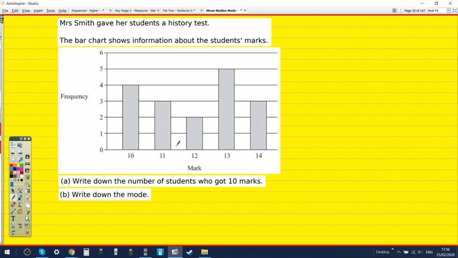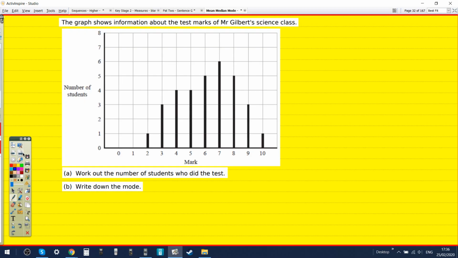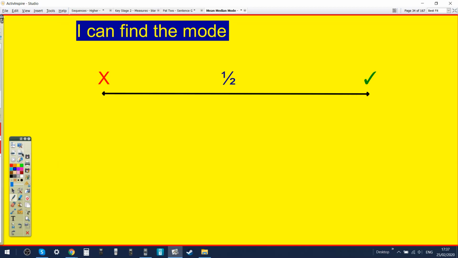Yes, so the mode is 13 marks. That's great. How about this one? Seven. And so it is 7 marks. Well done. I can find the mode. Yes. Well done.